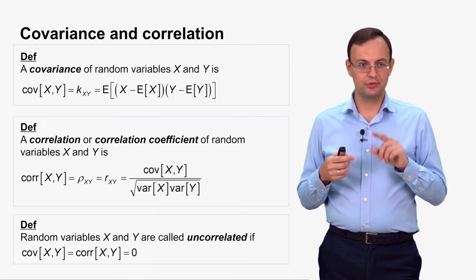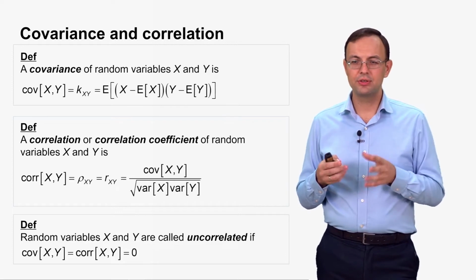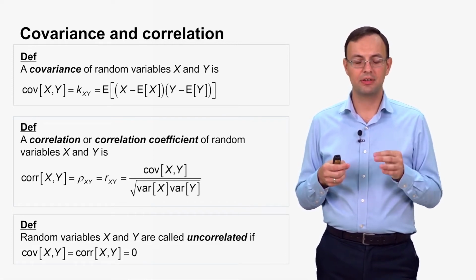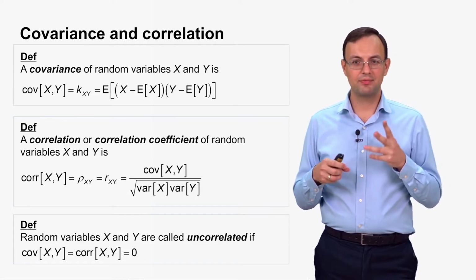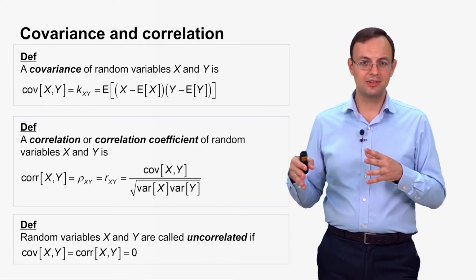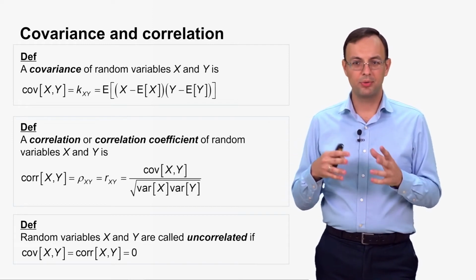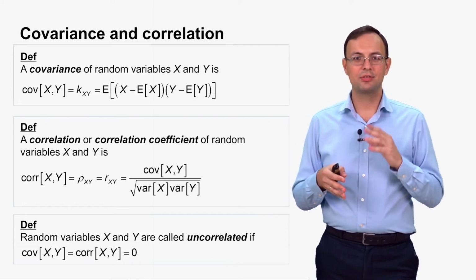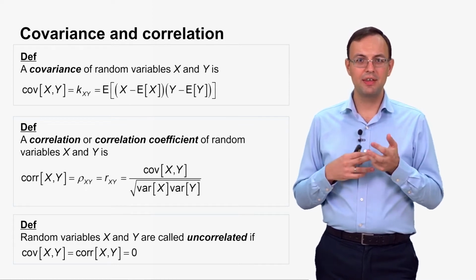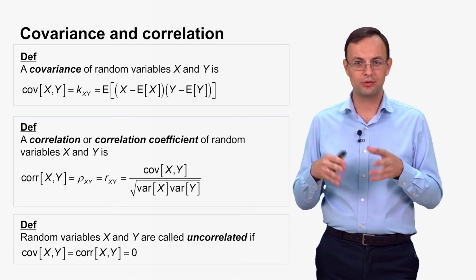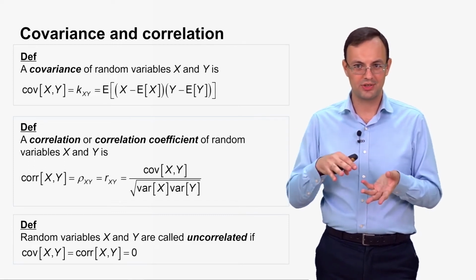And another term that is often used: uncorrelated random variables. Two random variables are called uncorrelated if their covariance and correlation are both equal to 0. As you can see from the definitions, if covariance is 0, automatically correlation is also 0, and vice versa.